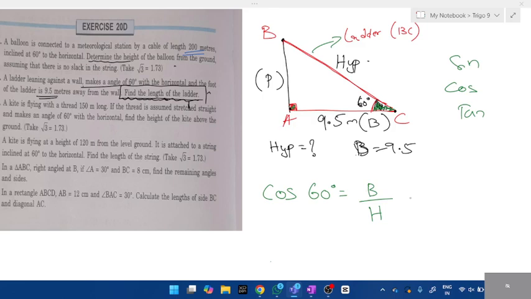What's the answer? What is cos 60? Ananya, Delicia, Angel, Kia, cos 60. Why is nobody replying?